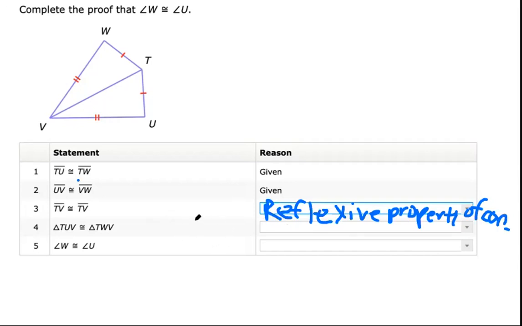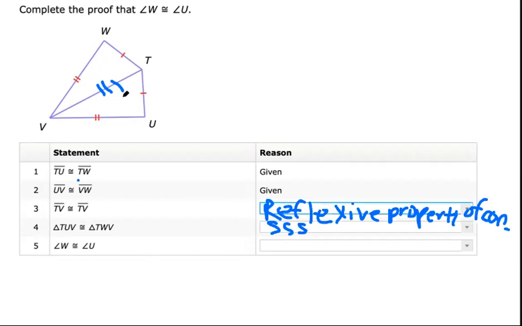The next one here, so reflexive property, that means that this is going to be equal to itself, basically. So our TV is going to be equal to VT, or TV. So that means that's going to be the SSS, side, side, side. So all the sides are going to be equal in this triangle, which proves that a triangle is congruent.